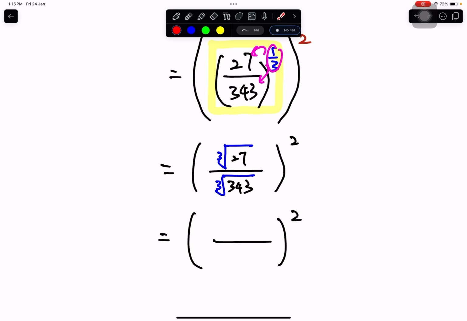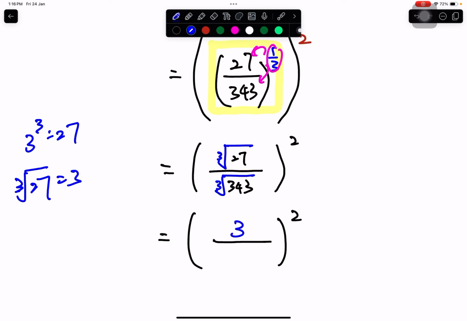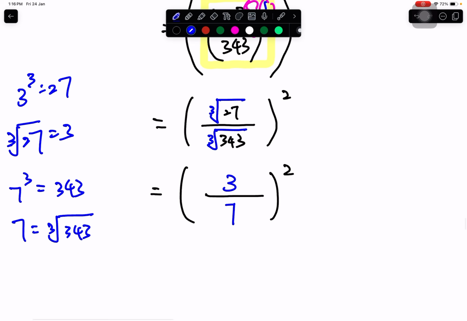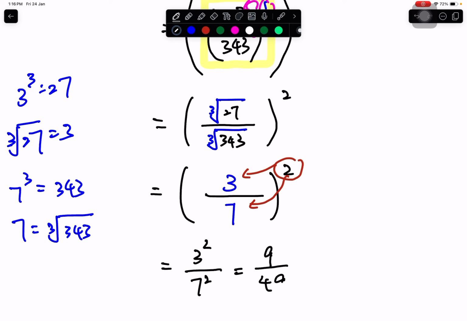Cube root of 27: we know that 3 cubed is 27, so the cube root of 27 will be 3. And the cube root of 343 is 7 as well, because 7 cubed is 343. So now, at last, you have the square applied to the top and the bottom. You will have 3 squared over 7 squared, which is 9 over 49.